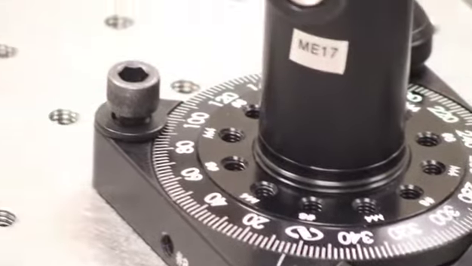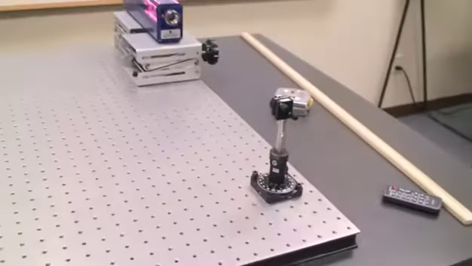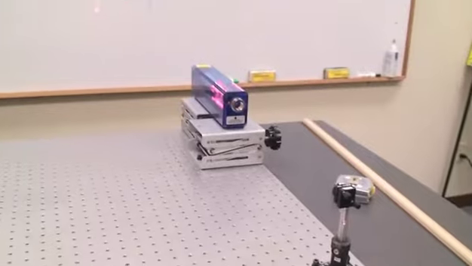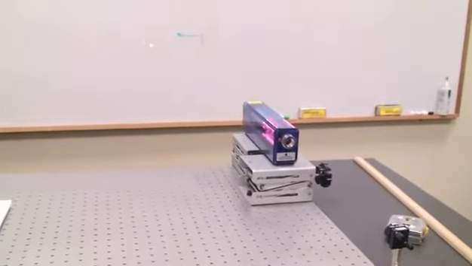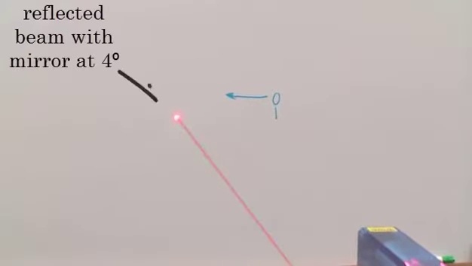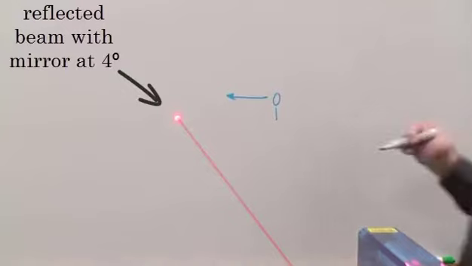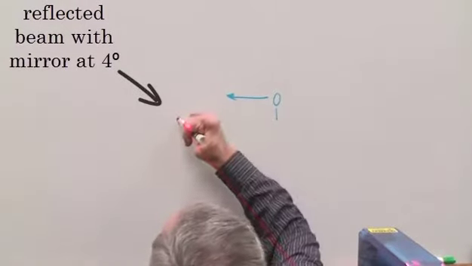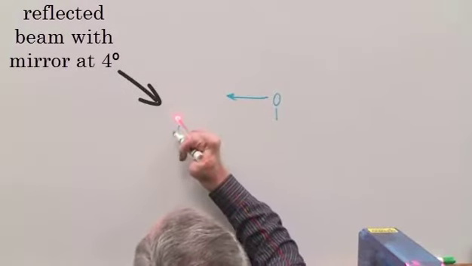And sure enough, we see on our screen that the beam has moved over. So I will go over there and we'll mark the new location, and label that as 4 degrees.